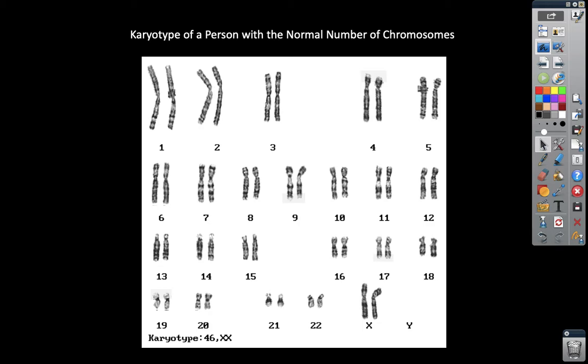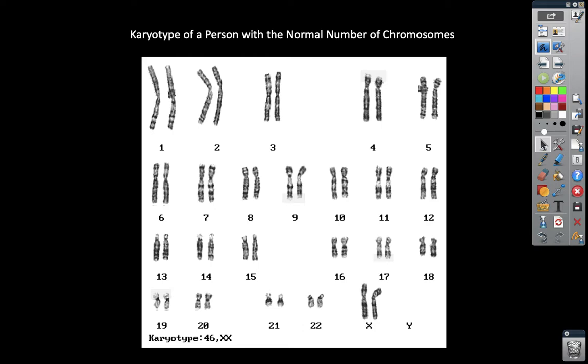So what you want to look at when you see somebody's karyotype is, okay, a normal person would have 2 chromosomes at every numbered position. So notice that there are 2 chromosomes above number 1, there are 2 chromosomes above number 8, there are 2 chromosomes above number 17.